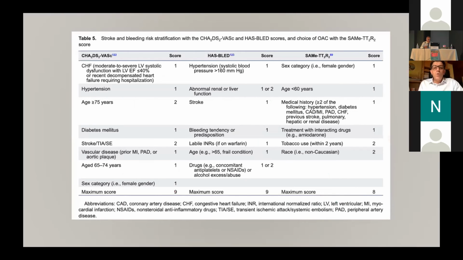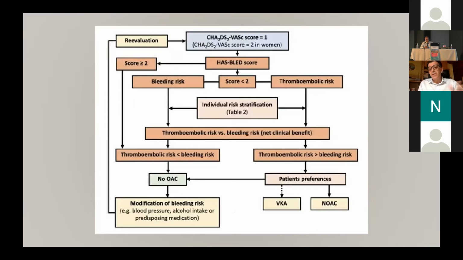And we have a lot of scores that we could use, which are the CHA2DS2-VASc, the HAS-BLED, and the TTR scores that we could use for these patients. And they are telling us whom we need to treat. This seems to be very complicated, but it's not.